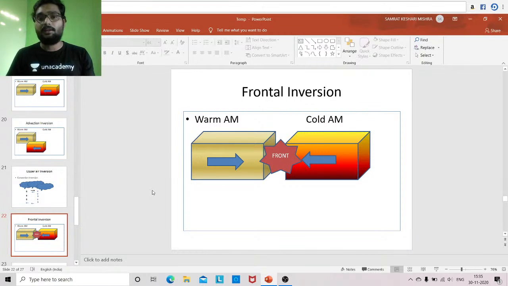This is known as the frontal inversion, because the warm air mass is on top and the cold air mass is below. So when we move in the upward direction, temperature will increase, which we call frontal inversion. It is created due to the convergence of warm air mass and cold air mass.